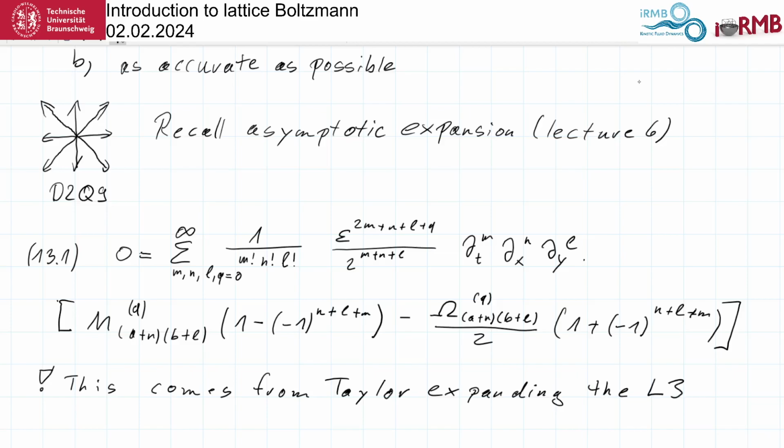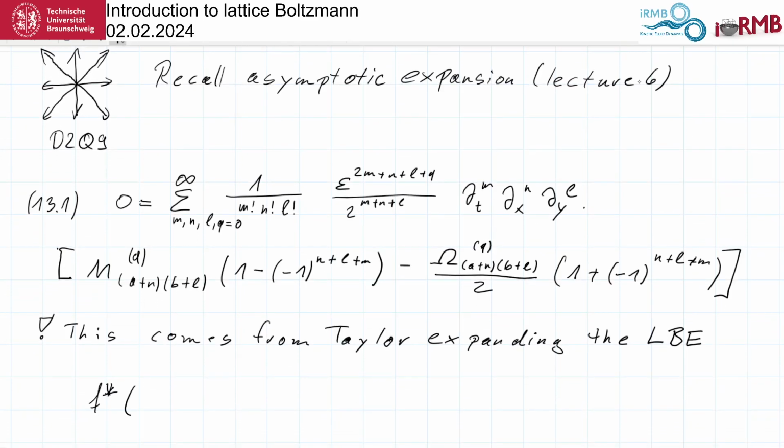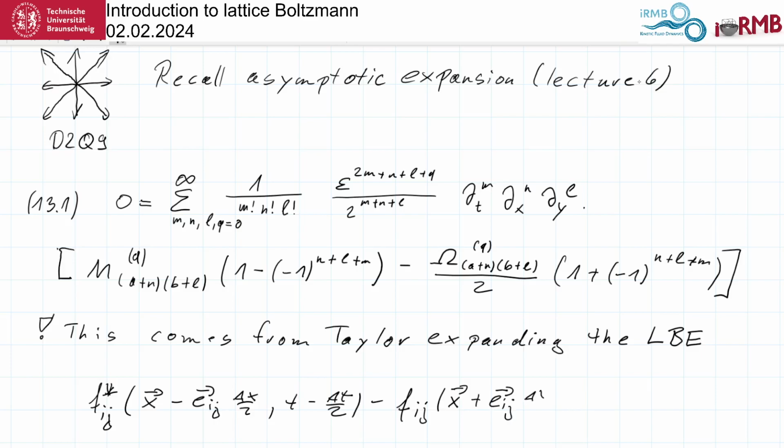So the lattice Boltzmann equation, here's the post-collision distribution f_ij at the position x minus e_ij delta x half and t minus delta t half, minus f_ij, so this is the pre-collision, x now plus e_ij delta x half and t plus delta t half, and this together is equal to 0.